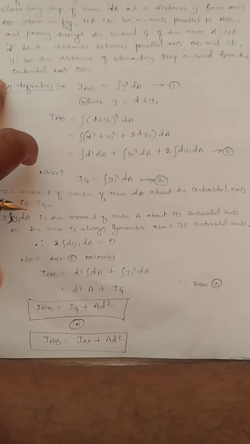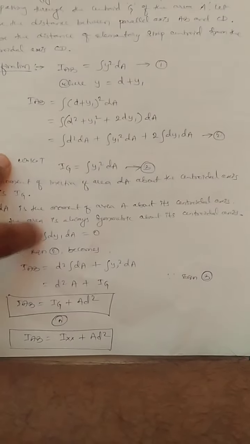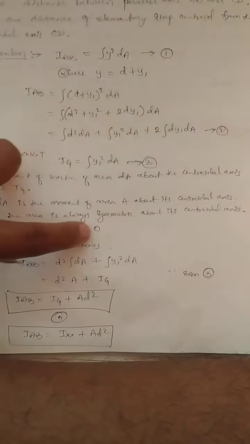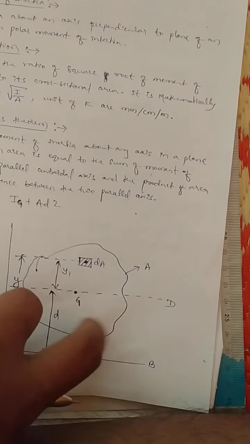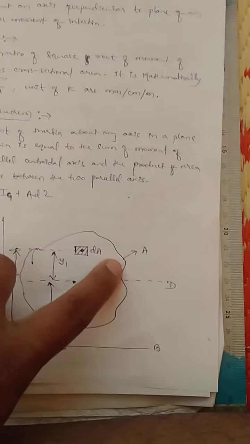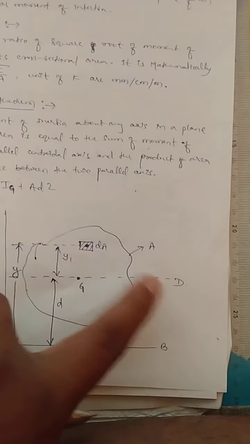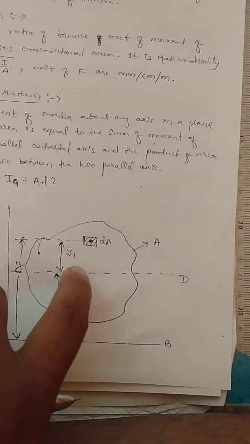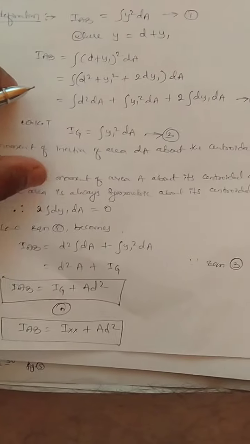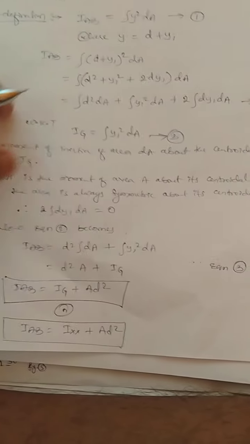As the area is always symmetric about the central axis, therefore 2 times integration of d y1 dA is 0. Here what I am trying to tell is that the moment of the area A about the central axis is zero, because the centroid of this area and the central axis CD lie on the same line. So there is no perpendicular distance, and that is the reason this term is 0.